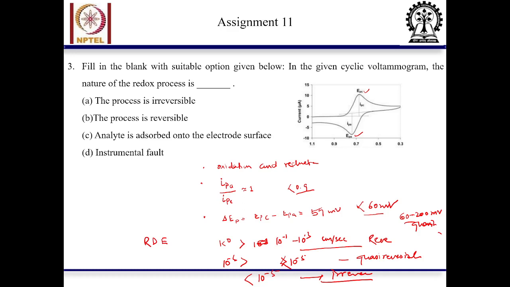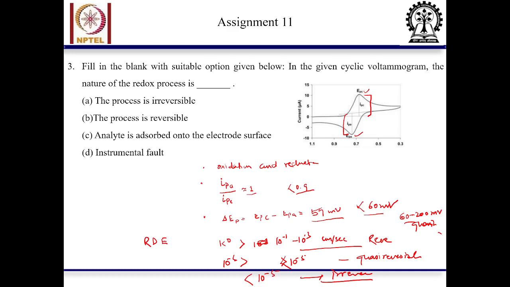Now, what we have to see is this length and this length, which are more or less close to 1. There are two peaks, the cathodic peak and anodic peak. We can't exactly find out whether the difference is 59 millivolt or not, but if IPA by IPC is close to 1, then definitely the peak separation will be less than 60 millivolt if the experiment has been done properly.